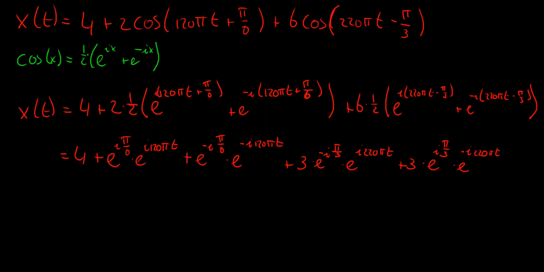Now this is good and all. Now what? Well, recall that the standard form of a complex exponential was of the form an amplitude times e to the power i times 2 pi times f_k times t. And we want to know the frequency of each of these signals, and we are interested in the complex amplitude.